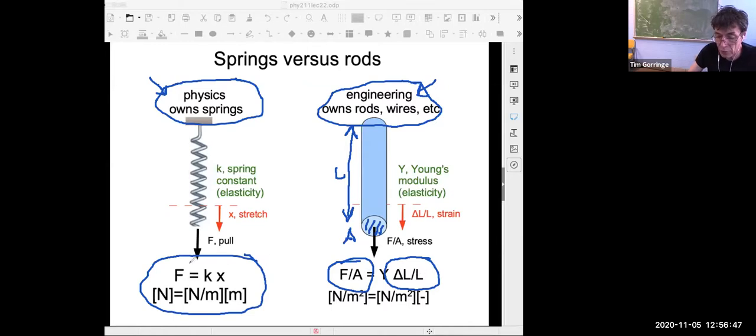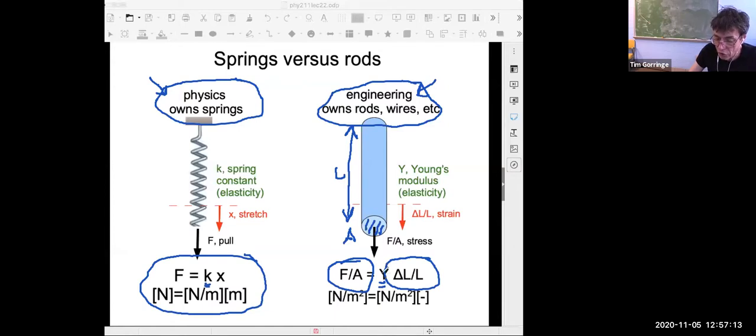And instead of a spring constant, we had a spring constant over here in the physics description that said whether the spring was easy or hard to stretch. We've got an elasticity constant. It's this Y here that tells you whether the rod, a plastic rod or a steel rod, is hard or easy to stretch.